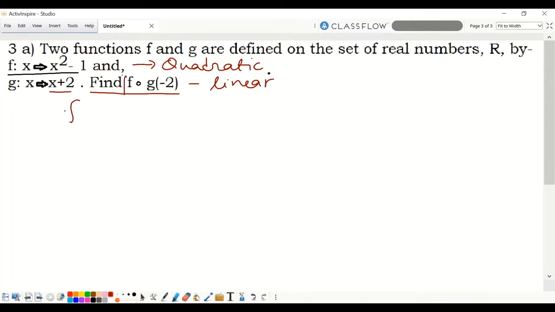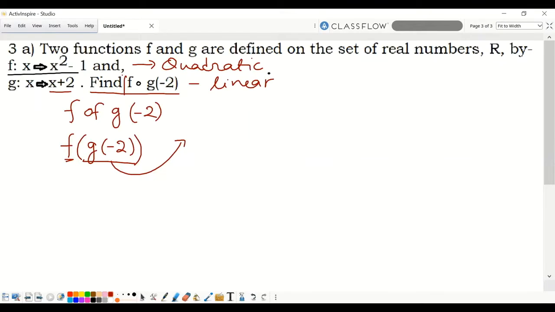F of g at minus 2 value of x, right? So first thing we should do here is that we write it like this. Basically, f will be a function of g of minus 2. So let's evaluate this part first. G of minus 2, this is the function, so it will be minus 2 plus 2.